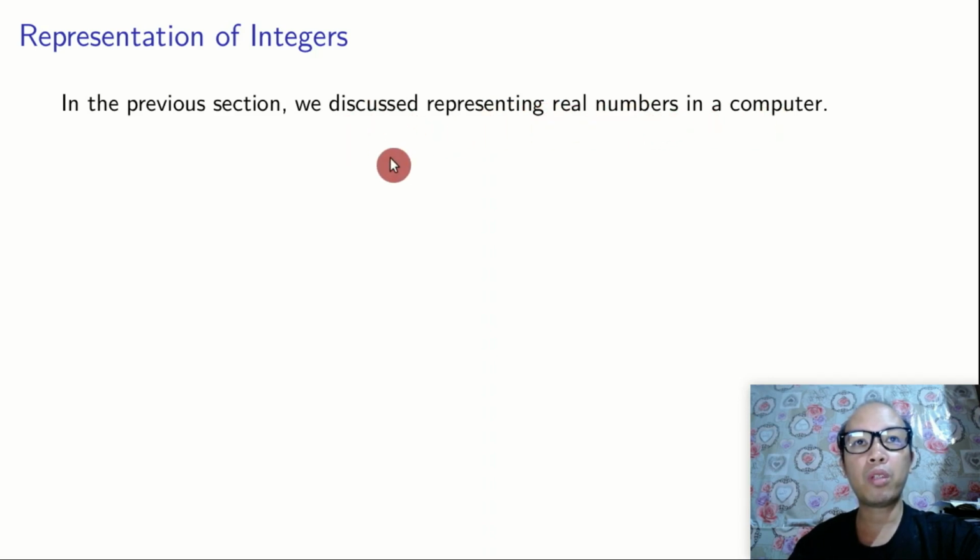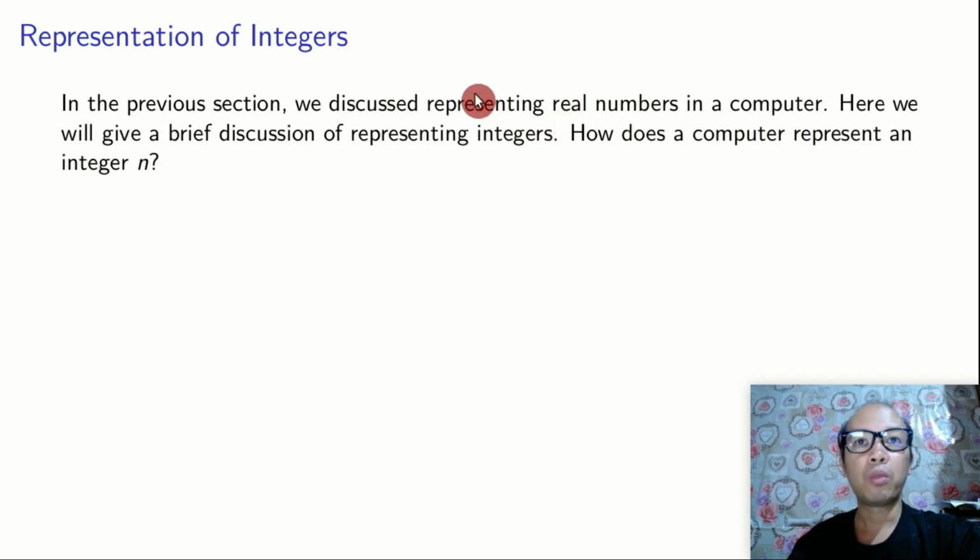So the very question here is, why do we have a different representation when it comes to the integers, where in fact integers are just a subset of the set of real numbers. Okay, so we will try to answer that question after discussing this topic.